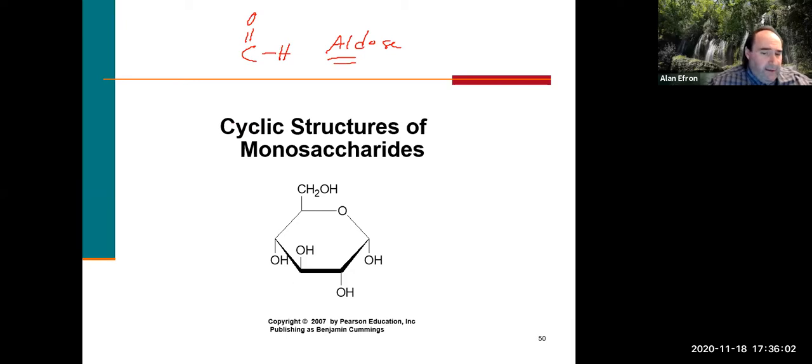We also have the carbohydrate that has the ketone group, very much like we saw in organic chemistry. And that is what is known as a ketose. We also could classify carbohydrates based on the number of carbons that they have, like triose, tetrose, which is 4, pentose, hexose, and so forth.